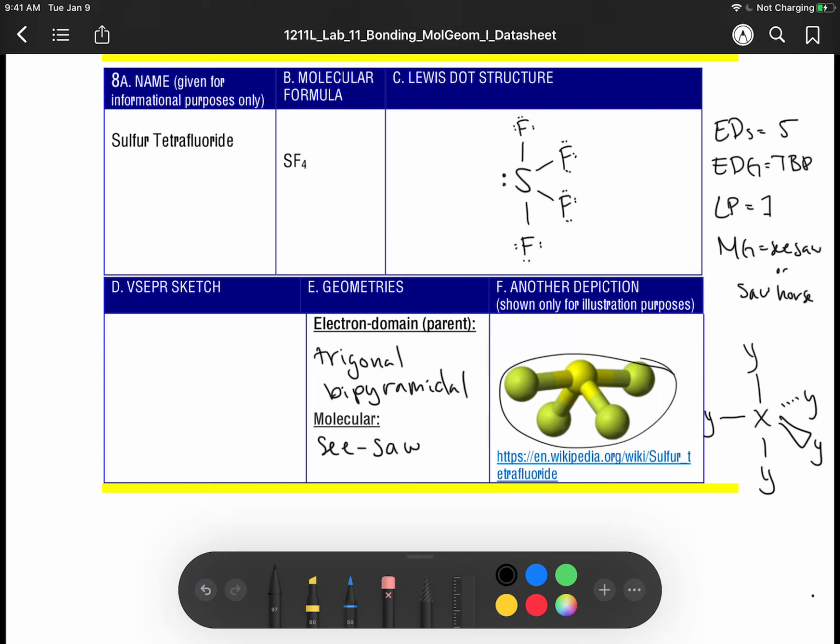So we're just going to replace one of those in the equatorial positions with a lone pair. So we have our sulfur, we have our lone pair right there. We have our 2 fluorines in their axial position, and then our 2 fluorines in our equatorial positions. Okay.